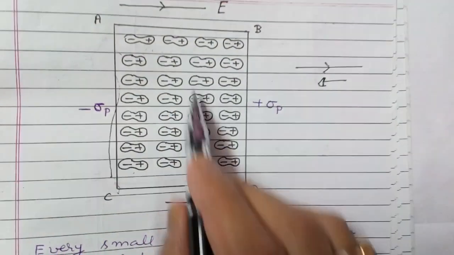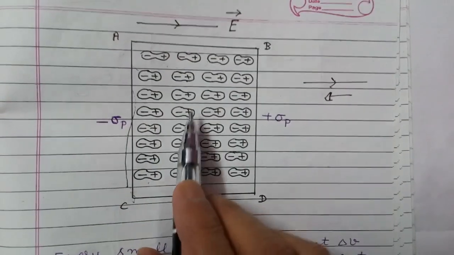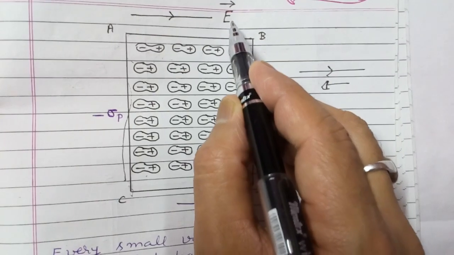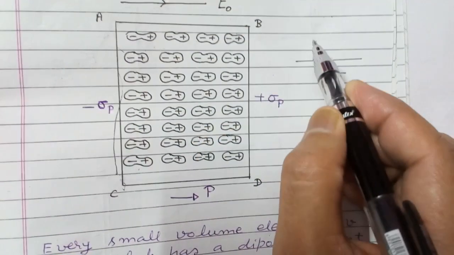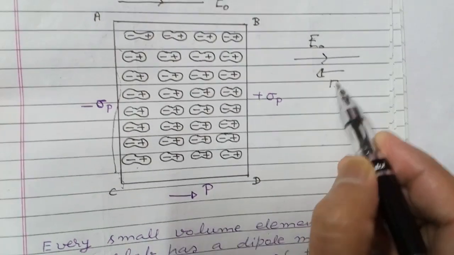So net field inside this dielectric reduces. Its value is less than external electric field. Suppose this is E naught, this is E naught, and internal field is EI.